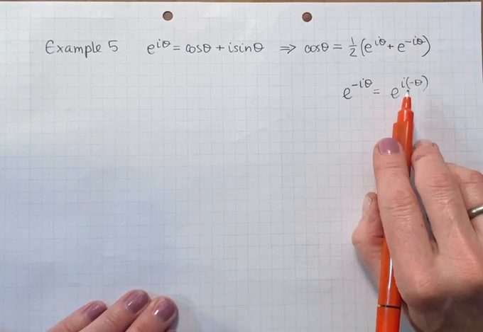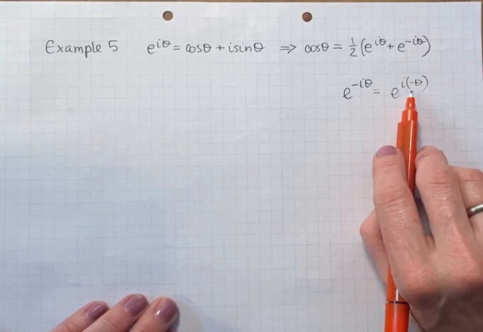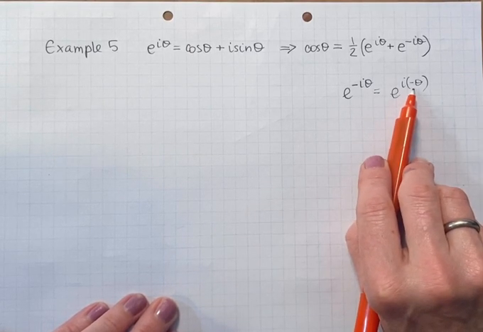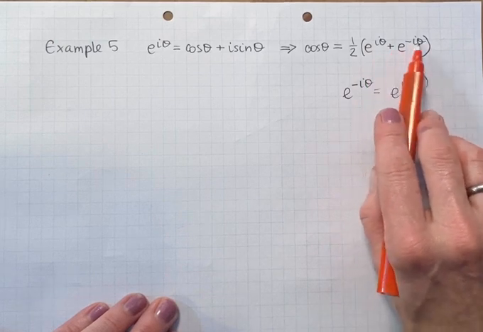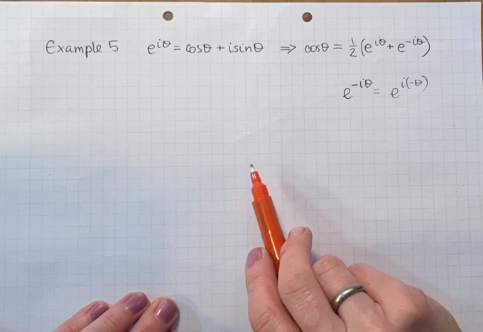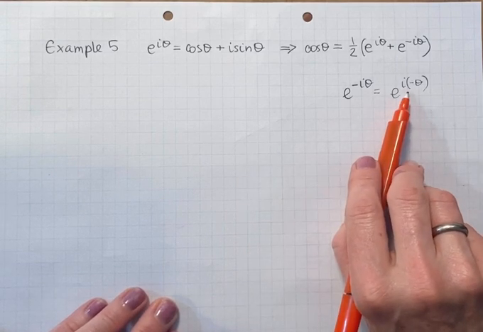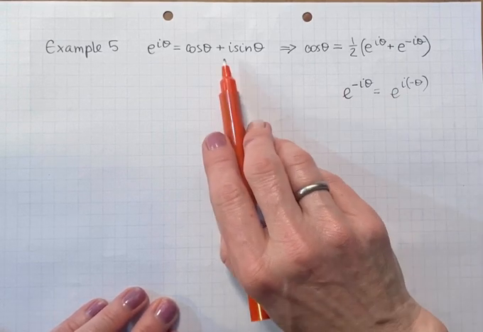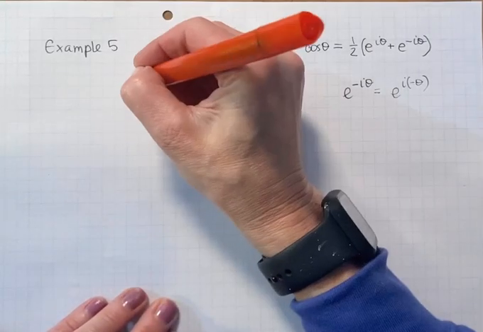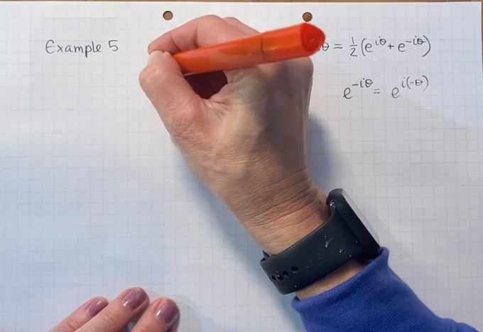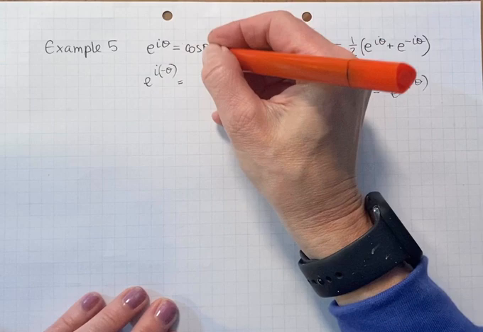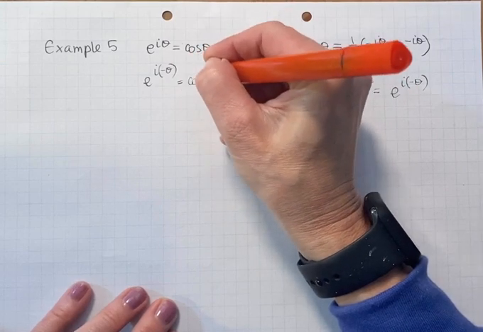So this is a complex number that has the argument of minus theta. So these two complex numbers are conjugates of each other. So we really could do with having this written in the Euler's relation. All we need to do is replace theta above with minus theta.